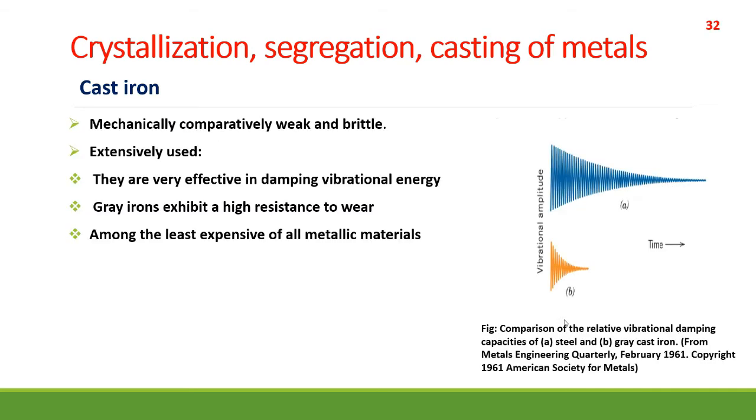And let's see next the mechanical properties it shows. Mechanically it is comparatively weak and brittle, and the reason behind the weak and brittle characteristic of gray iron is its microstructure.